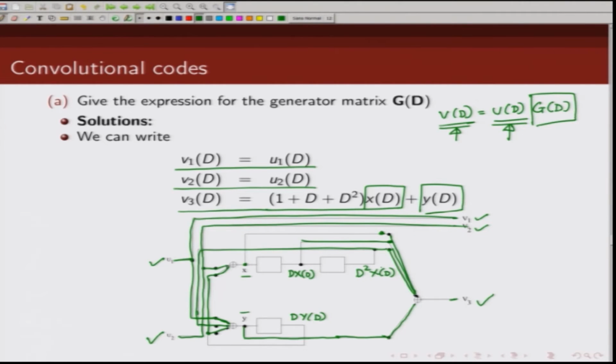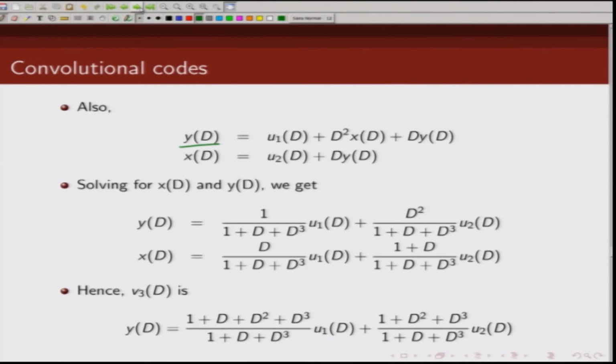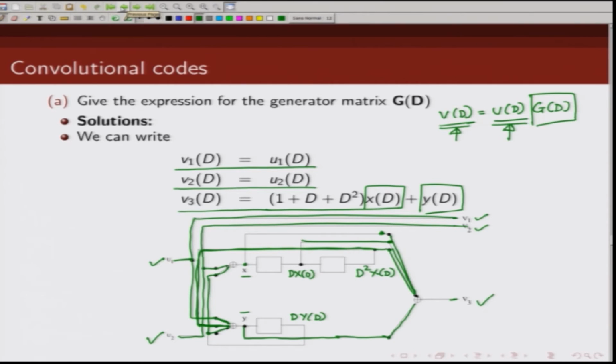D square x of d is this term, which is coming here, and this another term here, which is d times y of d. So, d times y of d, note here the third input is this one, which is d times y of d.